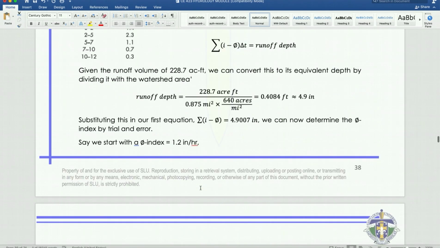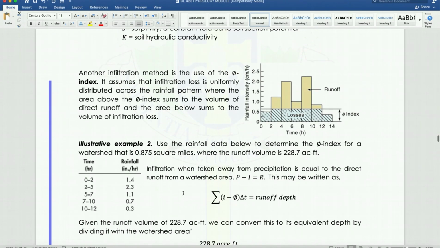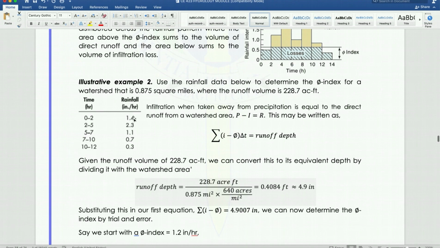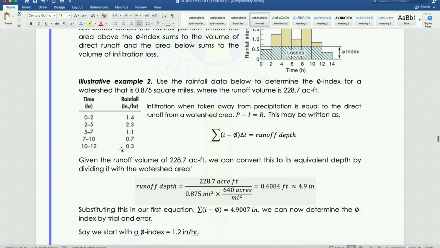So, ito yung rainfall natin: 1.4, 2.3, 1.1, 0.7, and 0.3. From 0 to 2, the rainfall is 1.4. From 2 to 5, it is 2.3. From 5 to 7, it is 1.1. From 7 to 10, it is 0.7. From 10 to 12, it is 0.3.